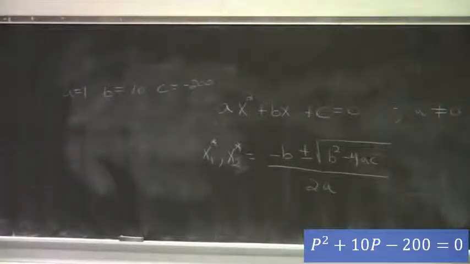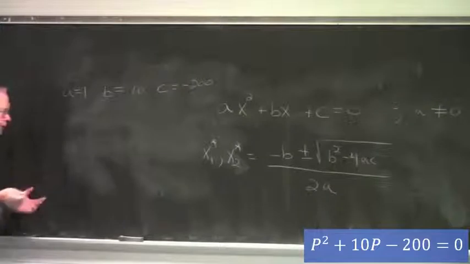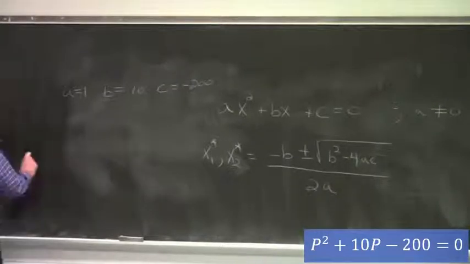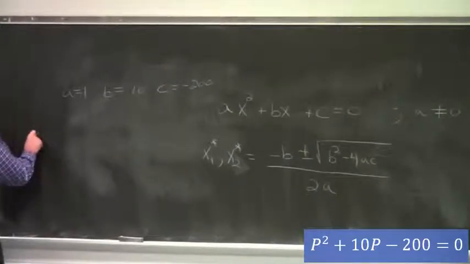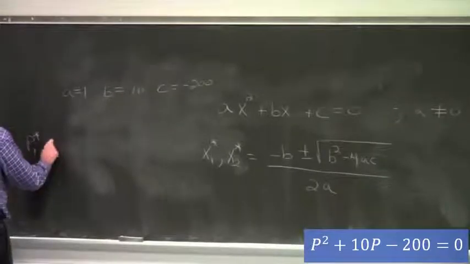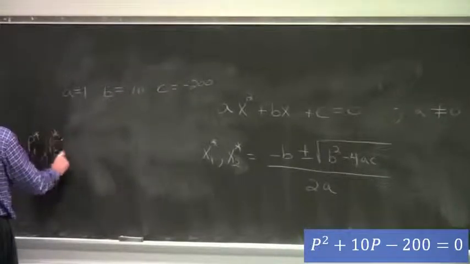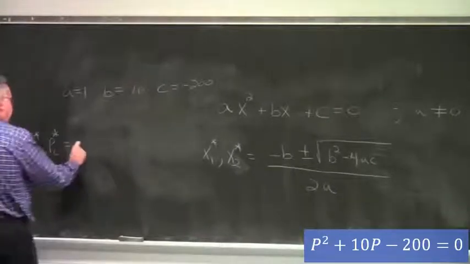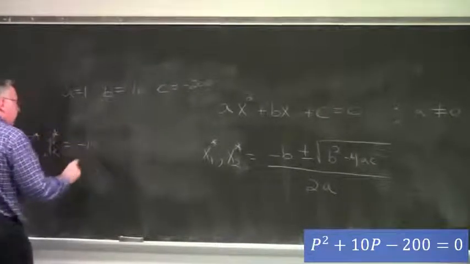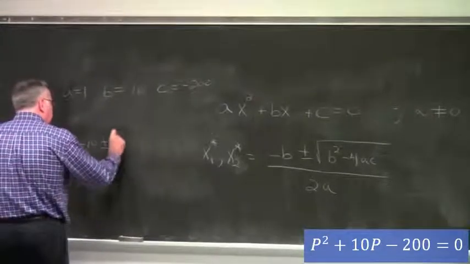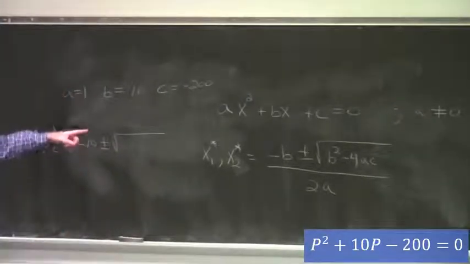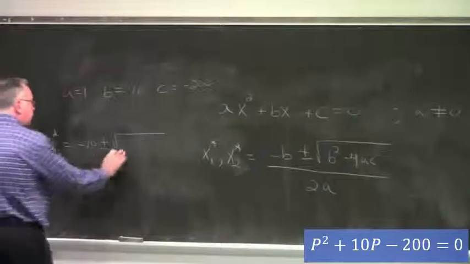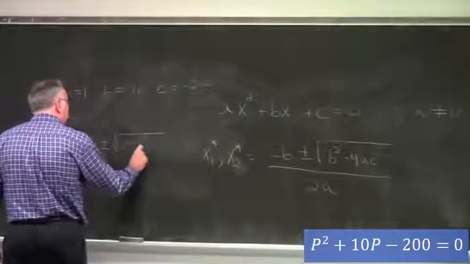And notice if I just substitute into the quadratic formula, instead of x1 star, x2 star, it's p1 star, comma, p2 star, equals minus b, so it's minus 10, plus or minus the square root. b squared is going to be 100. 10 squared is 100.